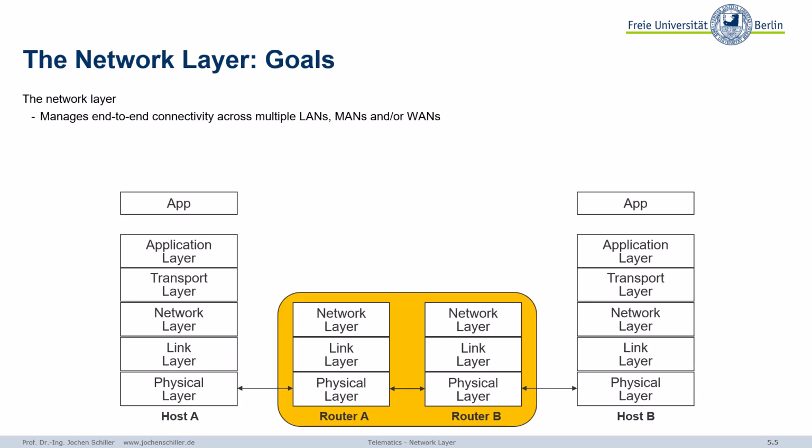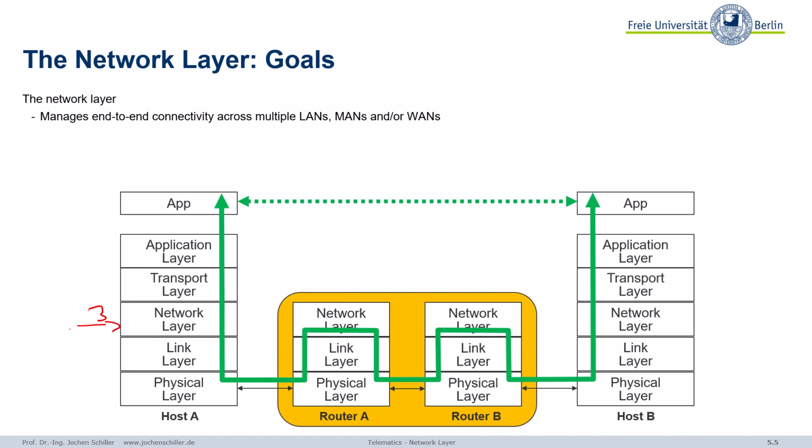Obviously, the network layer, here our layer 3, has to deliver packets end-to-end, so end-to-end connectivity across different other networks. Yes, we know applications want to communicate, but we always go through all the layers down to the physical layer and up again.